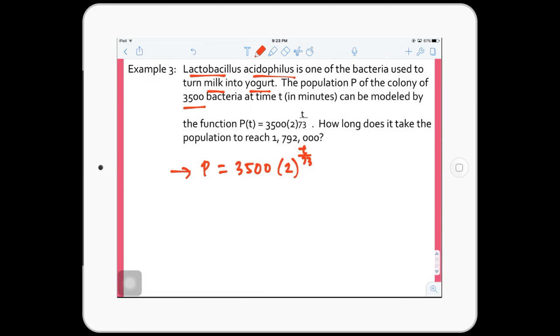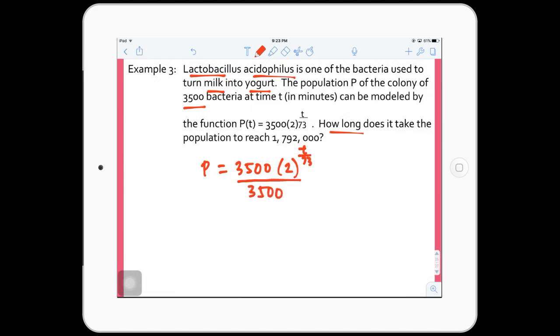And the question is asking how long does it take for the population to reach 1,792,000. And we're going to start by solving for time because it's asking how long does it take. So we're going to actually solve the problem for t. And the first thing that we need to do is undo that 3,500 in front because we want to get t by itself.